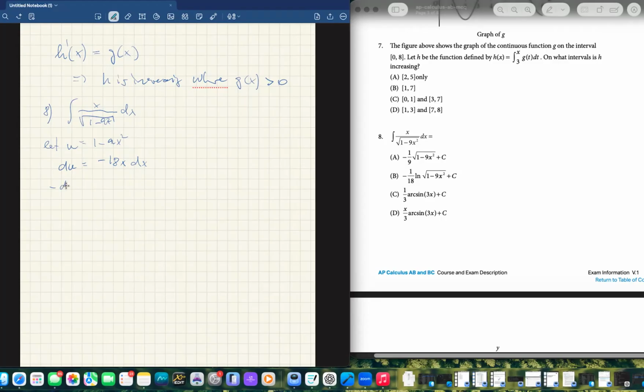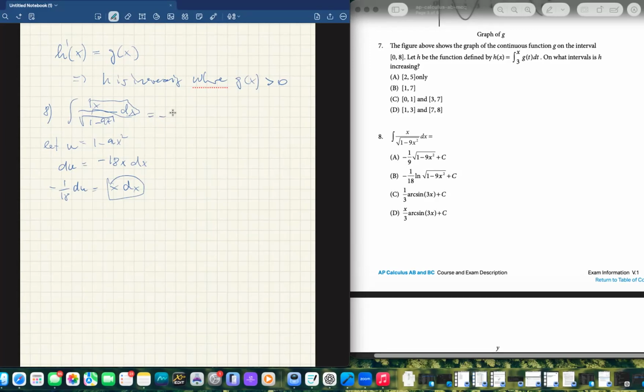So you would get negative, let's write it this way, it's going to be a little cleaner later. Negative 1/18 du is equal to x dx. You see now you have exactly what you're going to need to substitute here. Okay, now you're going to substitute it. So we're going to have x dx.